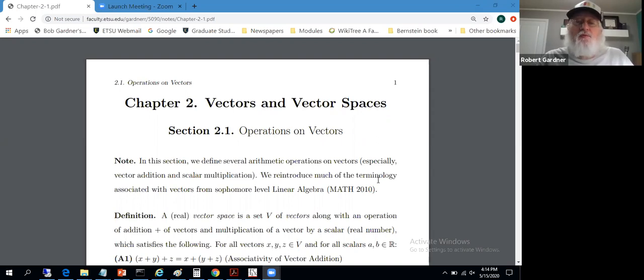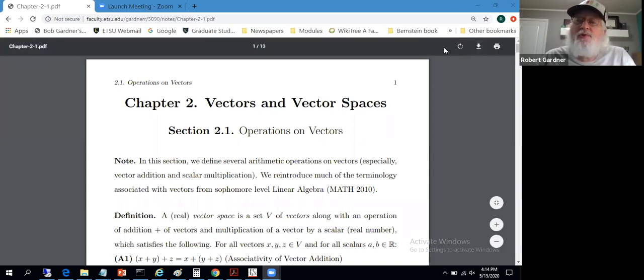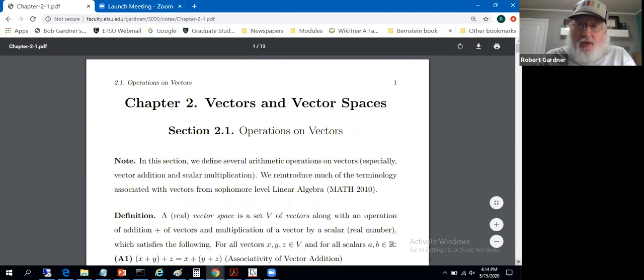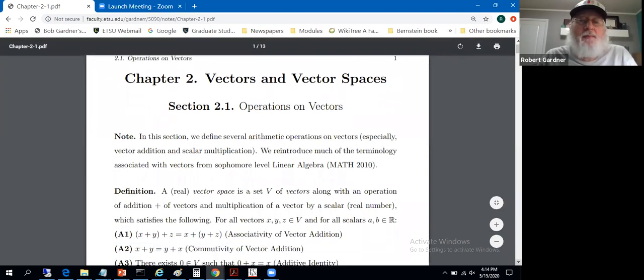Chapter 2, vectors and vector spaces. It's a theory of matrices class, but of course, vectors and vector spaces play a huge role. 2.1 is operations on vectors, and you know what you do to vectors. You add them together and you multiply them by scalars. You take linear combinations of them.